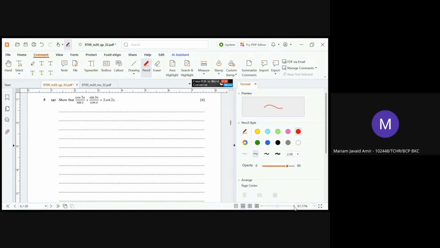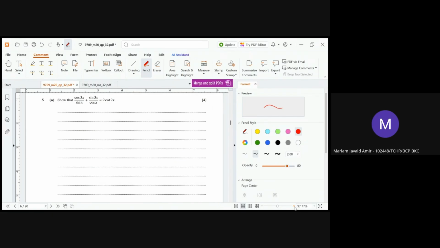Show that cos 3x over sin x plus sin 3x over cos x is equal to 2 cot 2x. First of all, we'll write cos 3x as cos of (2x plus x). Now we'll apply the compound angle identity for cos, which is cos 2x cos x minus sin 2x sin x.